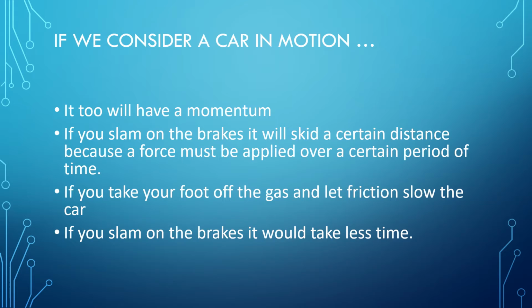So if you consider a car in motion, it also has momentum. Again, the more momentum you have, the more difficult it will be to stop. So think about it next time when you're hitting the brakes on your car, or letting friction slow your car down eventually by taking your foot off of the gas.